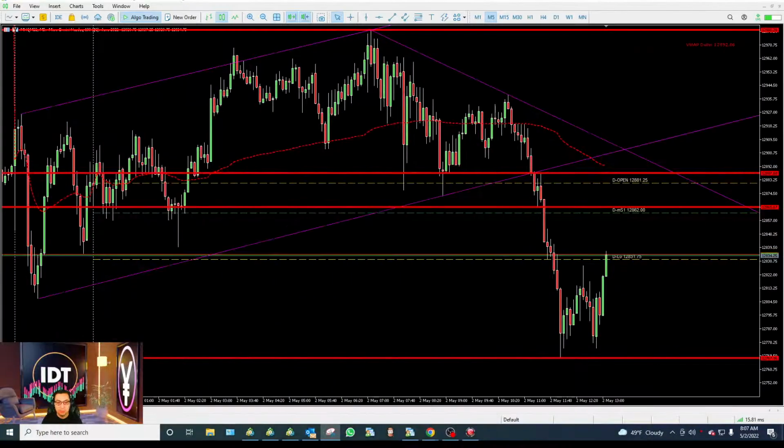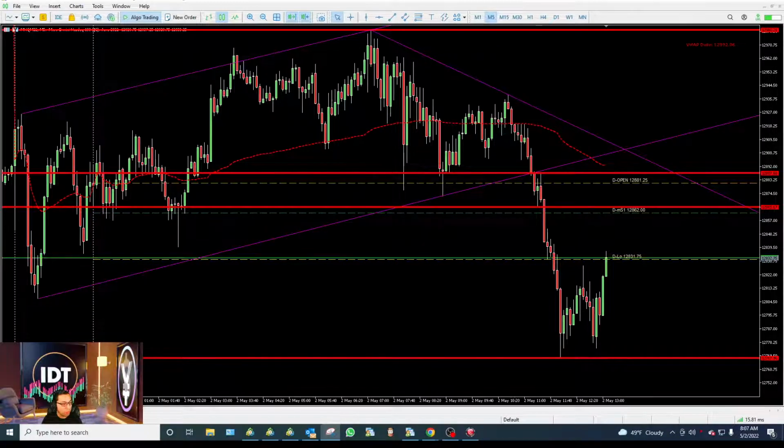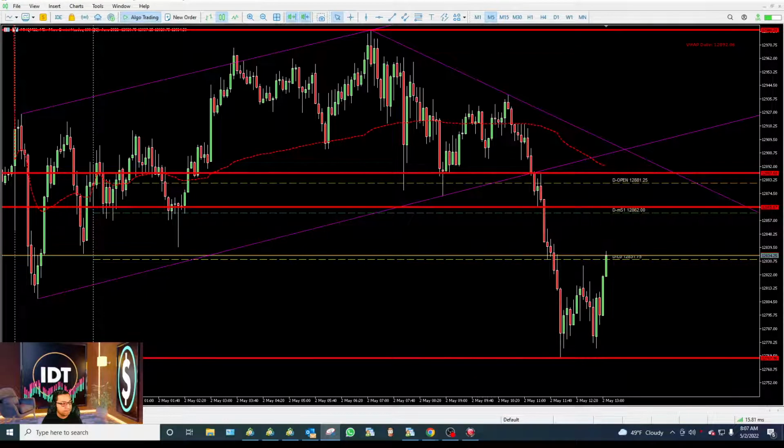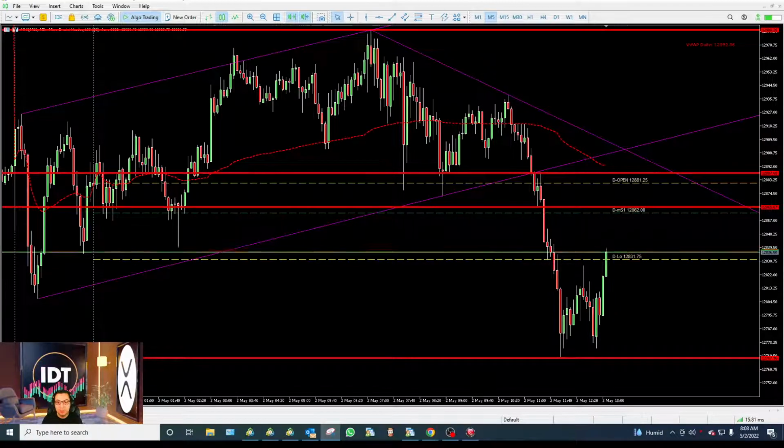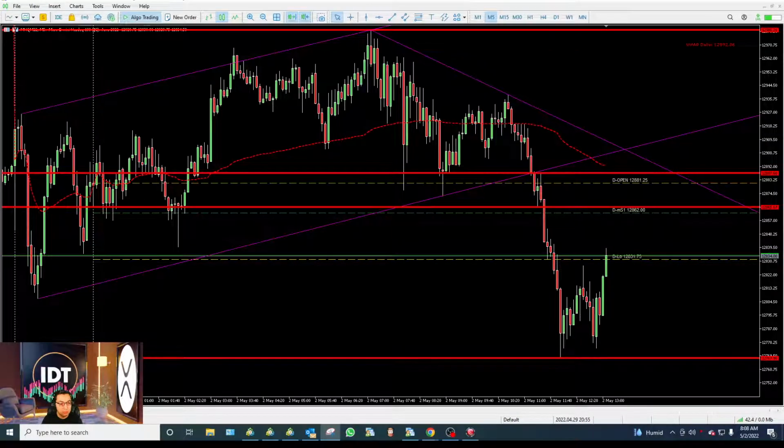Snip. This is NQ, by the way. Nasdaq June contract that we just marked up.